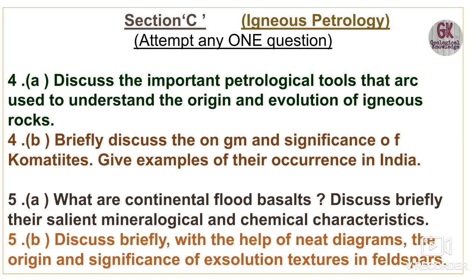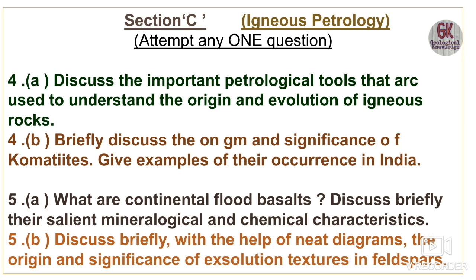5a, what are the continental flood basalts or CFB, and discuss briefly their salient mineralogical and chemical characteristics. So continental flood basalts you have to talk about, and briefly also discuss the mineralogical and chemical characteristics.